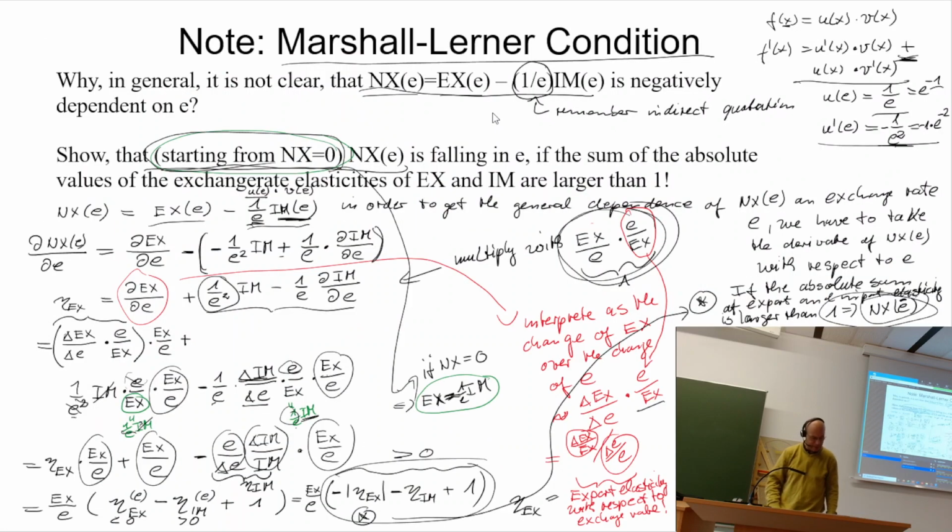And for this, we have made this long derivation, and we then came to the conclusion, when net exports we are defining here including the exchange rate, 1 over E. And this is important.